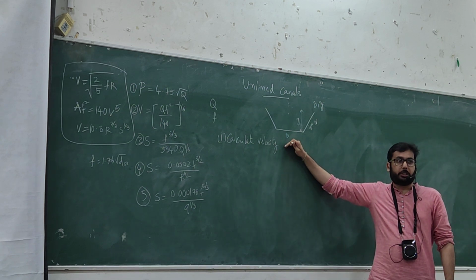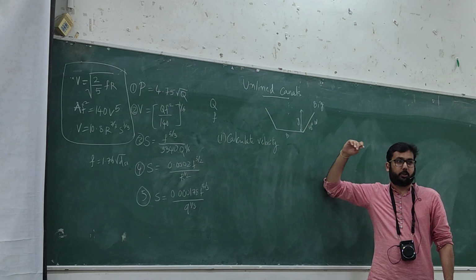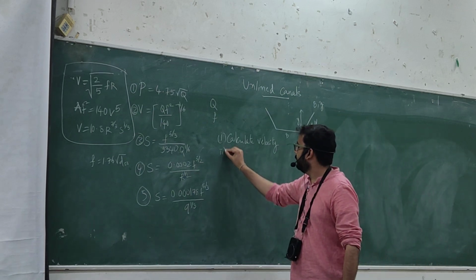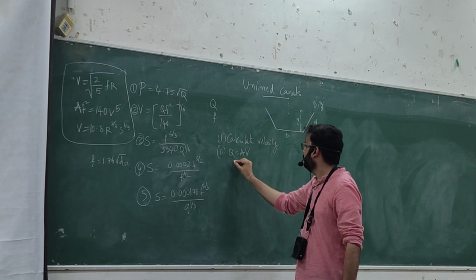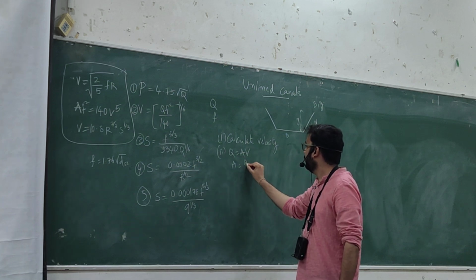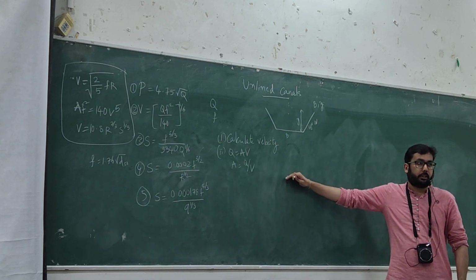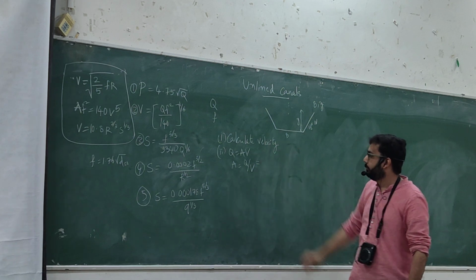So once we get the velocity, we have the discharge. So what can we get out of velocity and discharge? Area. So now we have got the area. So this is the area that we need to maintain for the channel.